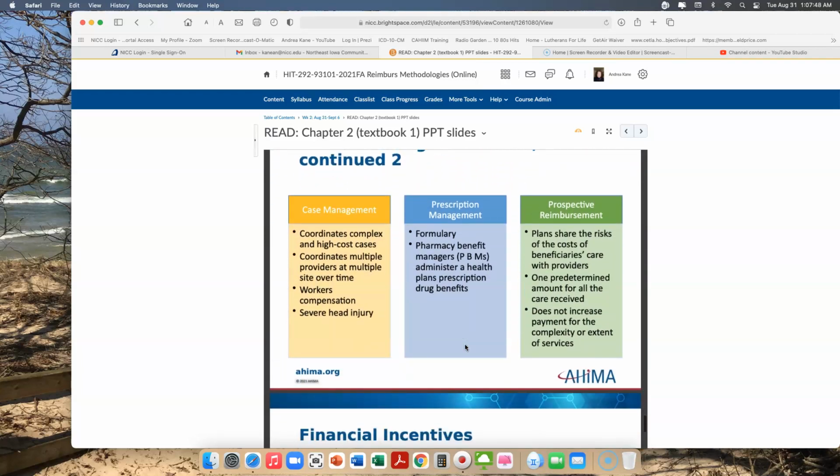Then they also have case management, prescription management, and prospective reimbursement. Case management really coordinates complex and high-cost cases or patients who have many needs.